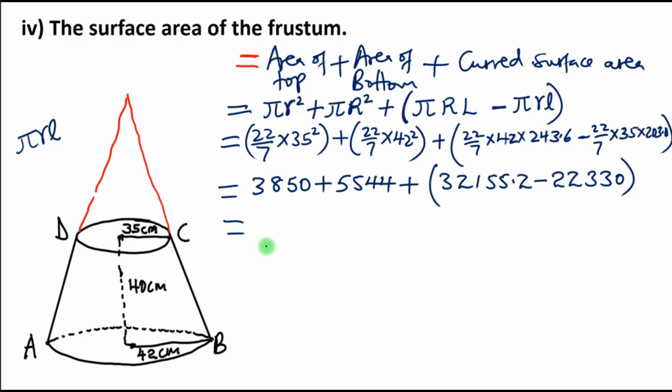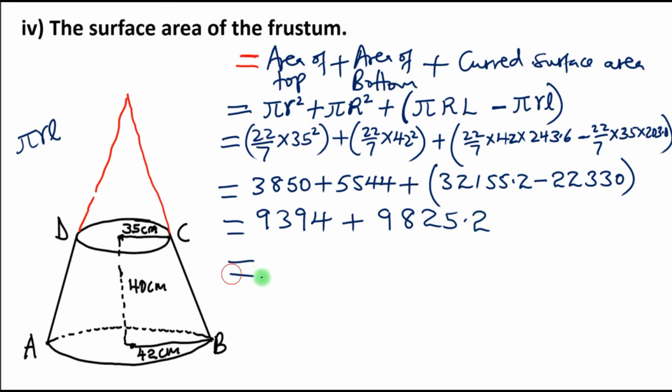Then we add 3850 plus 5544, we get 9394, then plus 32,155.2 minus 22,330, we get 9825.2.